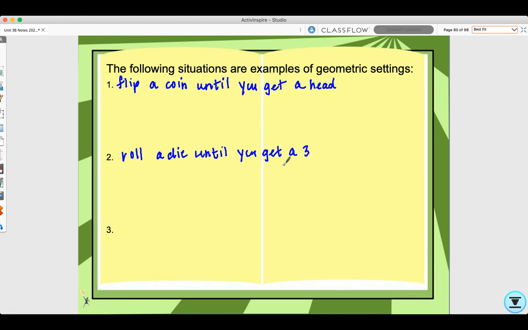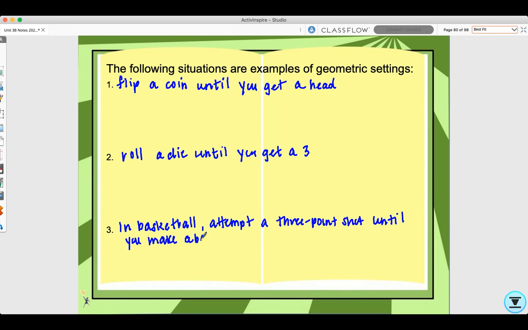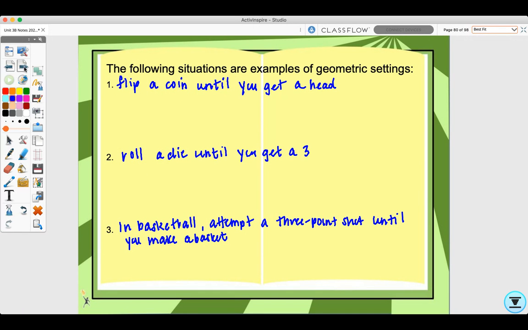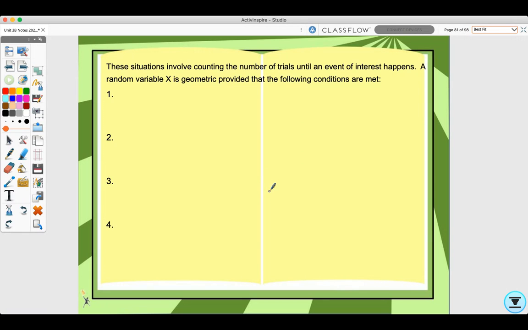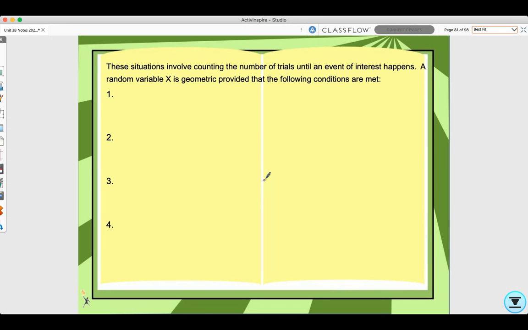And in basketball, attempt a 3-point shot until you make a basket. These situations involve counting the number of trials until an event of interest happens.